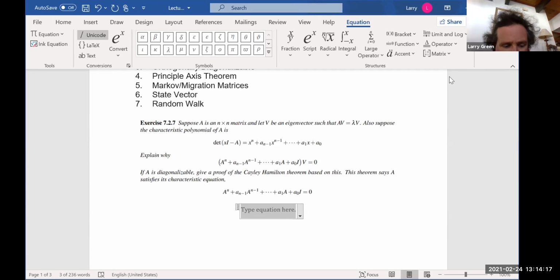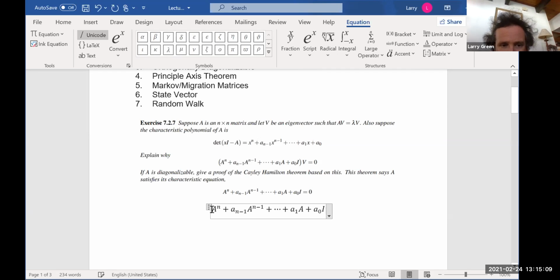And that is a to the n, and then plus a sub n minus 1, a to the n minus 1, plus dot dot dot plus a1 a plus a naught I, and then times v.